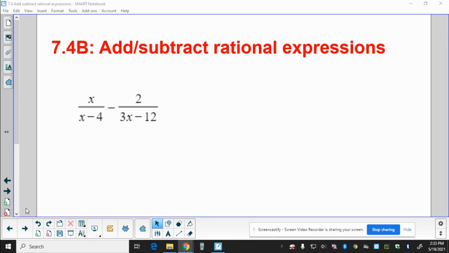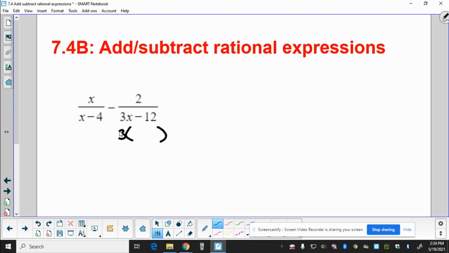Okay, so in this case, we don't want to jump right into the same method we used in the last lesson. The reason being is you're going to have a hard time simplifying this expression into lowest terms because you're going to be missing some common factors. So first thing I'm going to do is notice that the second denominator has a greatest common factor of 3.